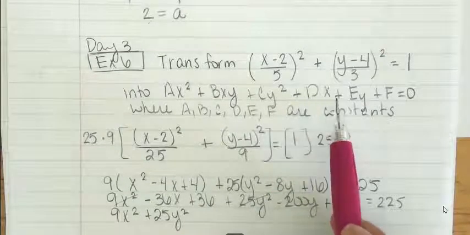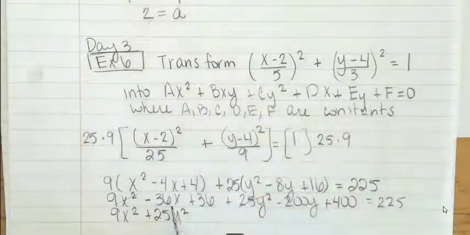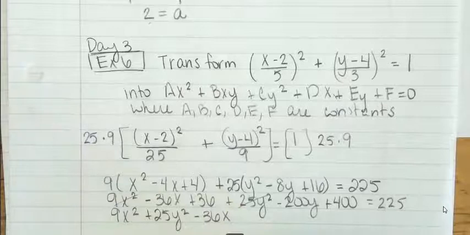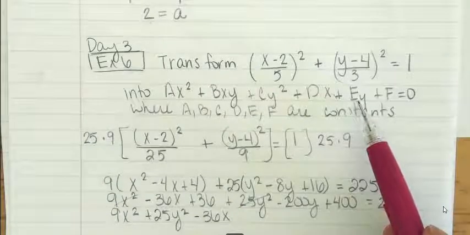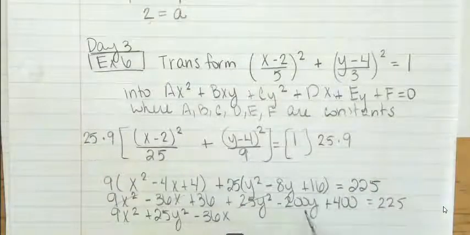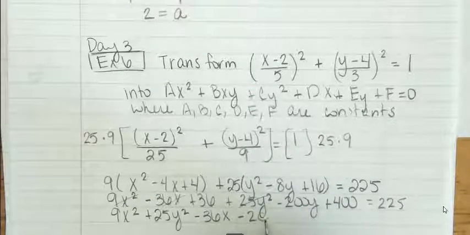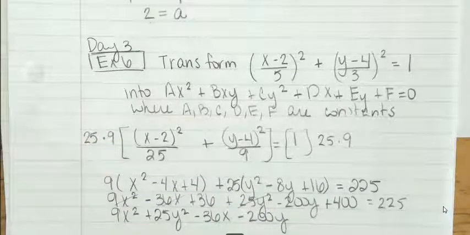Next is going to be something x, so I've just got the negative 36x. Next is going to be the single y term, and I think I just have the negative 200y. And next is going to be our constant.